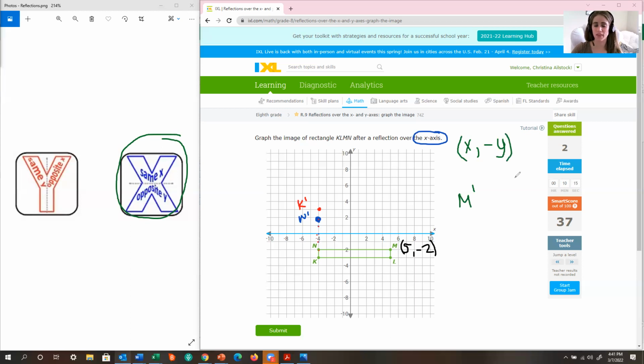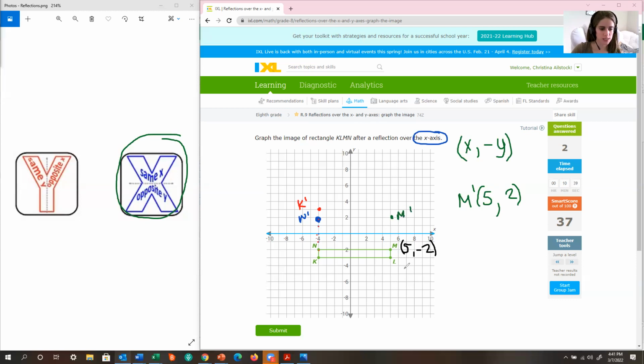So we multiply that y by a negative. x stays the same, x would be 5, and then our y is the opposite. The opposite of -2 would be +2. So M prime would be located right here at (5, 2).